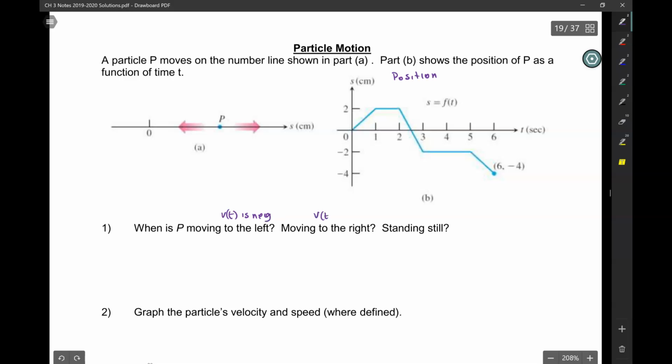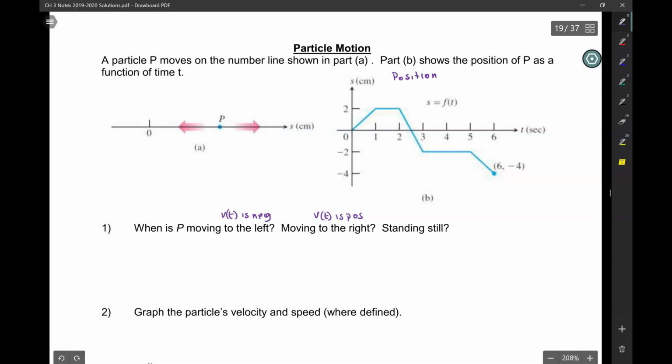What is v of t as far as the position is concerned? V is the slope of this. So now, if I say v of t is negative, it means the slope of the position is negative.